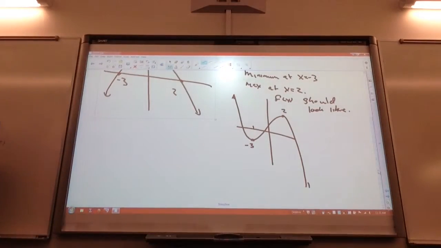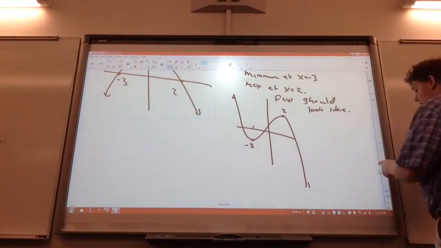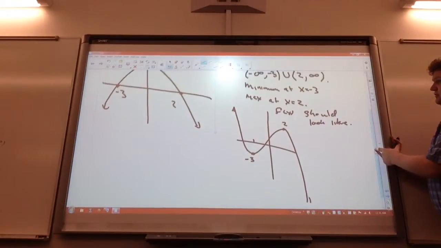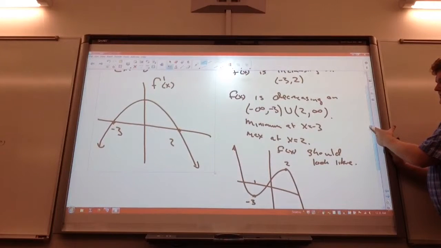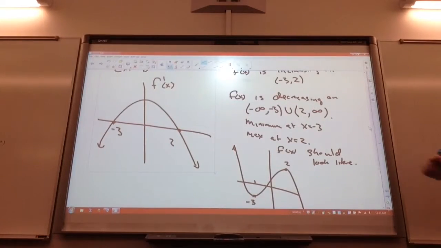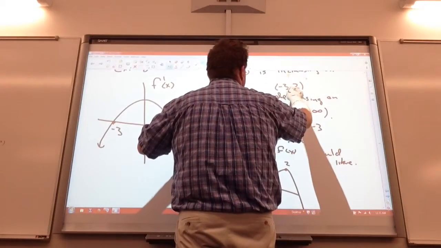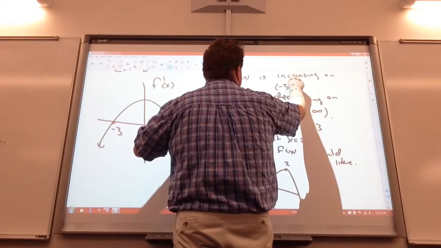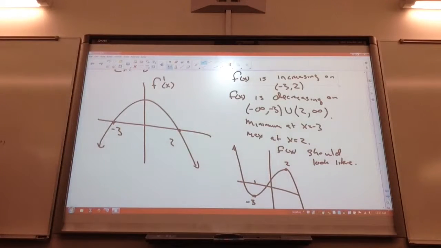Again, not the precise picture of what f of x is, but the basic picture of what it should look like. Should look like that based on everything I figured out about f of x from the first derivative test. And that's where the first derivative test is really useful.